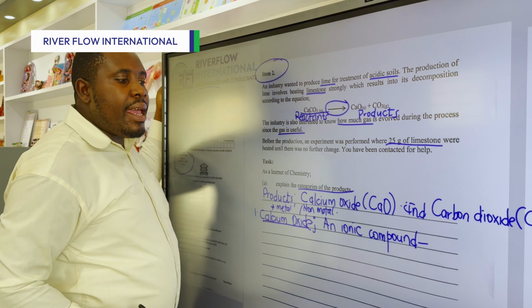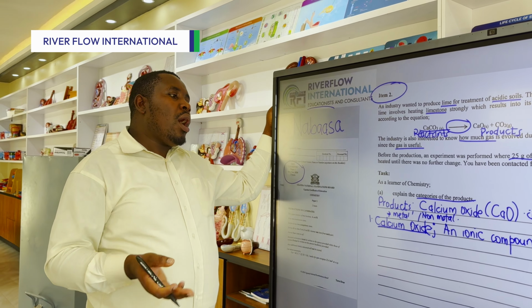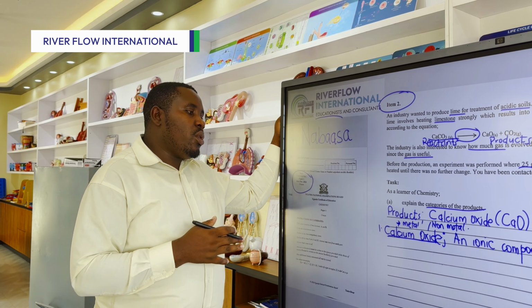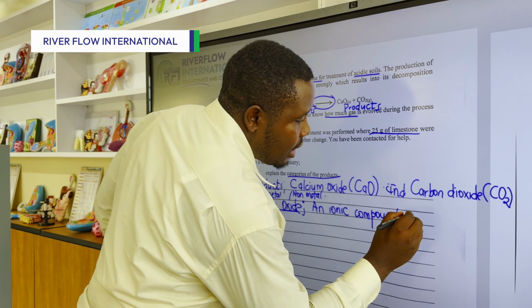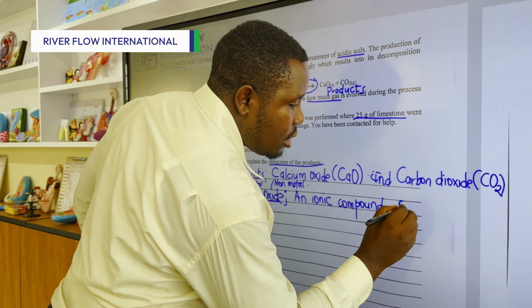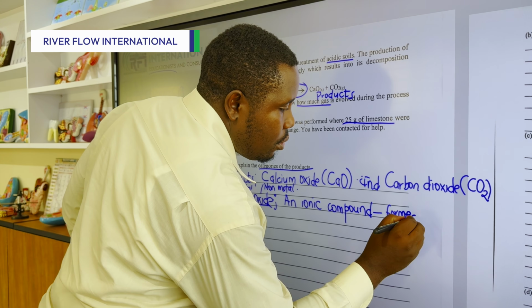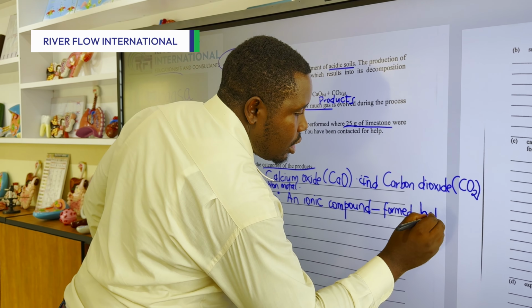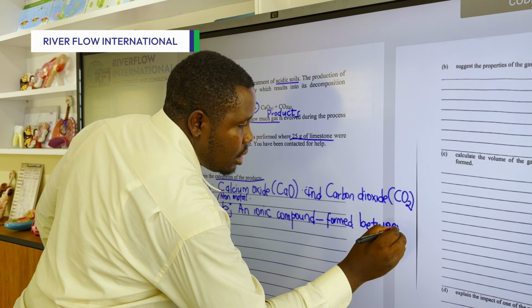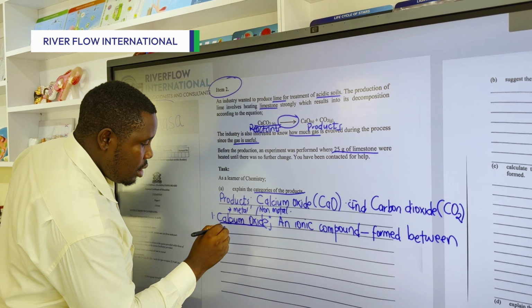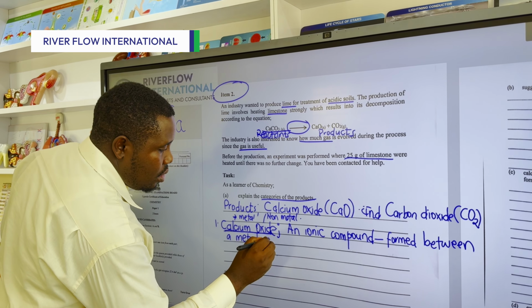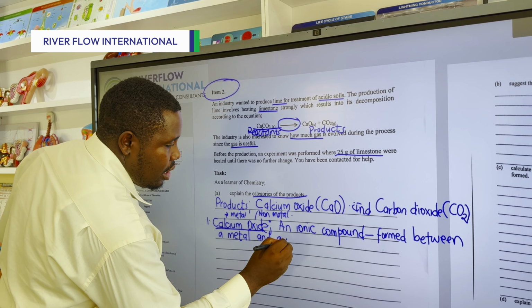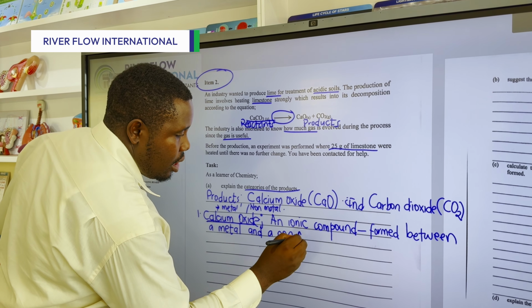We want to go ahead and give reasons why we are saying that calcium oxide is an ionic compound, because it was formed between a metal and a non-metal.